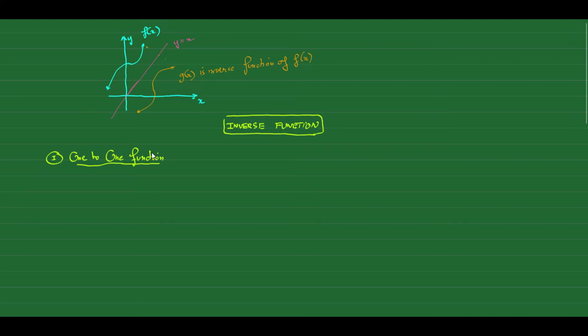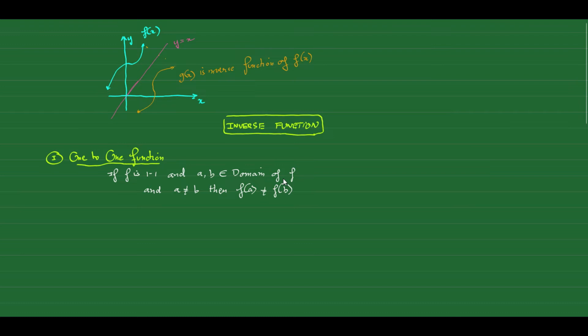it says that a function f is one-to-one if, when a and b are elements of the domain of f, and a is different from b, then f of a is different from f of b.